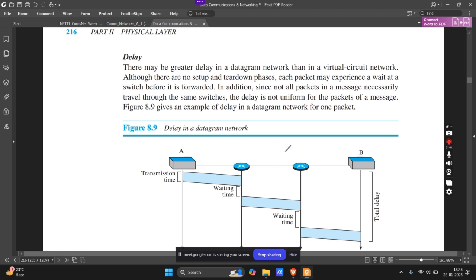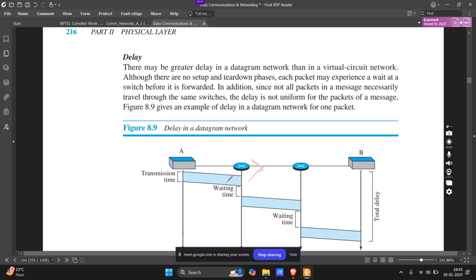Say there are 3-4 packets coming, which, according to the routing table of this particular switch, all need to be output from this particular port. That cannot happen simultaneously. So first the packets have to wait one by one to enter the switch. Then the packets have to wait one by one to exit the switch.